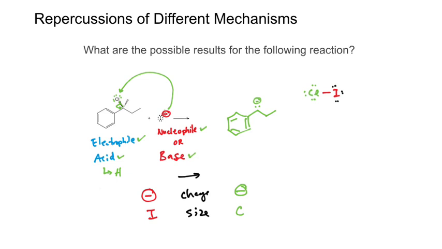If you have more space to roam, you're happier. This is why, what do we do to people who do things wrong? We put them in a cage so that they feel bad for being put in a cage and they don't do what we decided was wrong. The same thing kind of happens here. So iodide is more stable than the carbon as a negative.